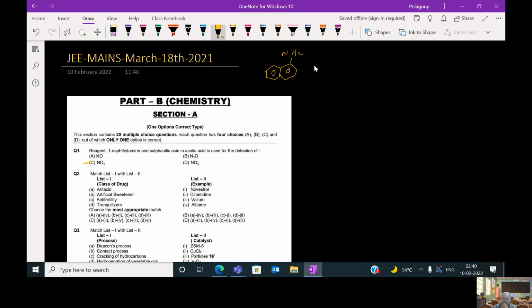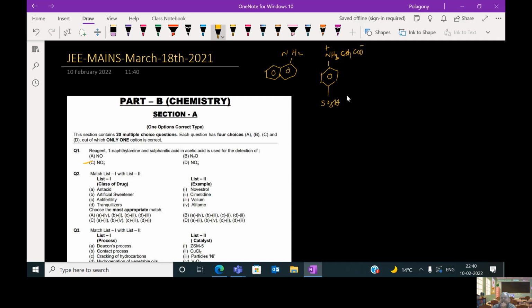This is 1-naphthylamine. And sulfanilic acid in acetic acid, the structure can be written like this: NH3 plus, aniline, with CH3COO minus and SO3H.